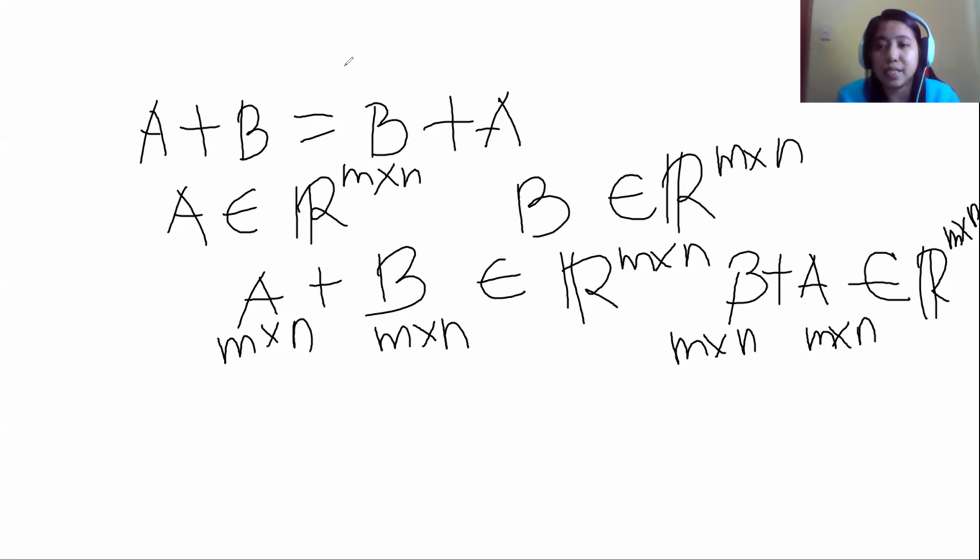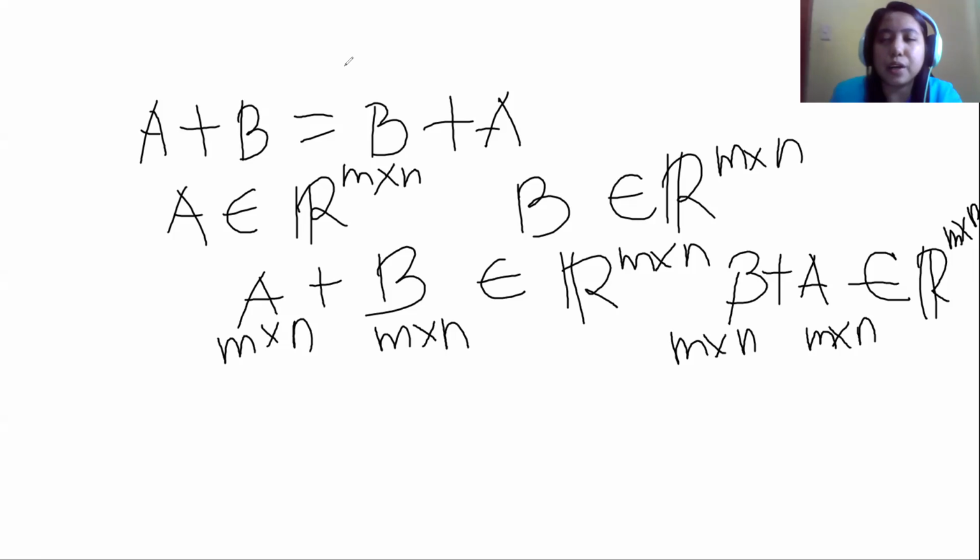So the result is in the real numbers raised to M times N. Now, how can we also show that the property holds in all entries, that the corresponding entries in A when added to the corresponding entries in B will also result in the corresponding entries in B added to the corresponding entries in A?